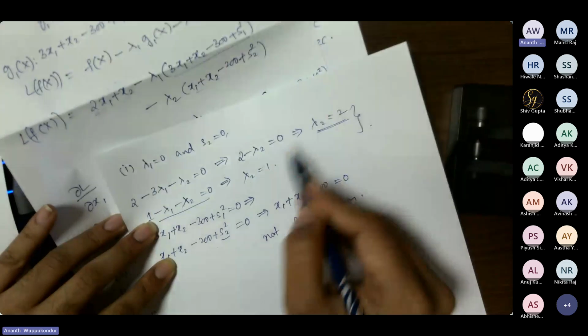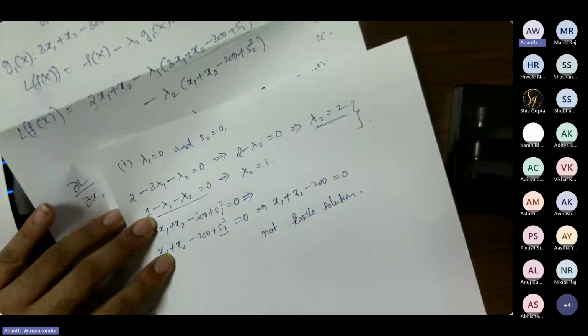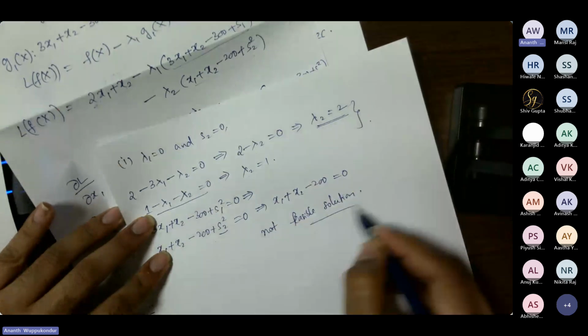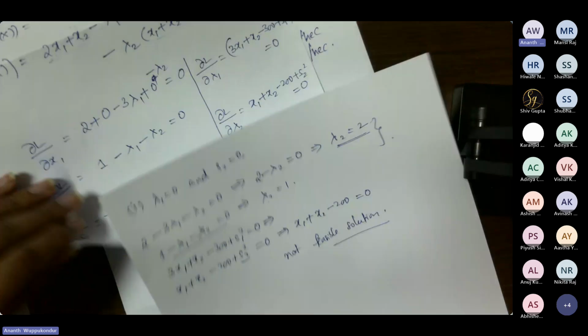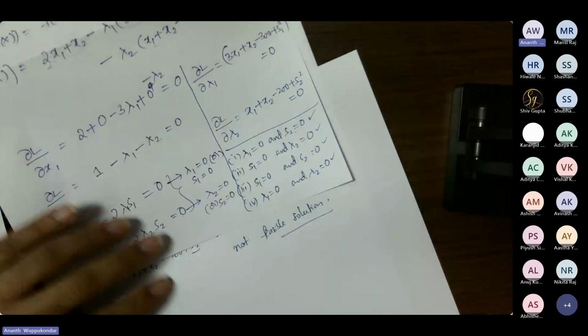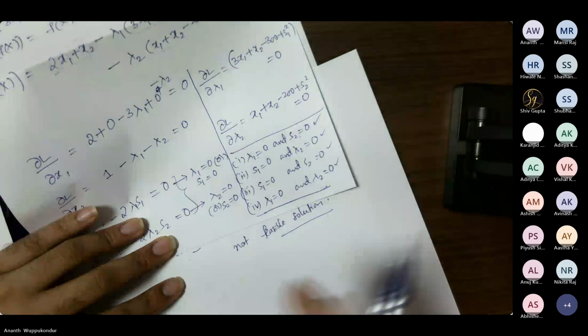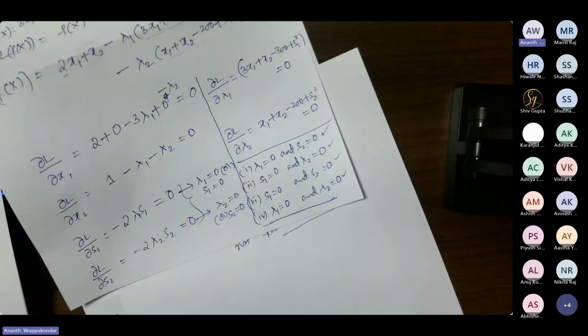If you're getting two different values for lambda 2, then obviously it cannot be a feasible solution. If you test out all the four combinations, then you would find out which is the most feasible solution for the given function.